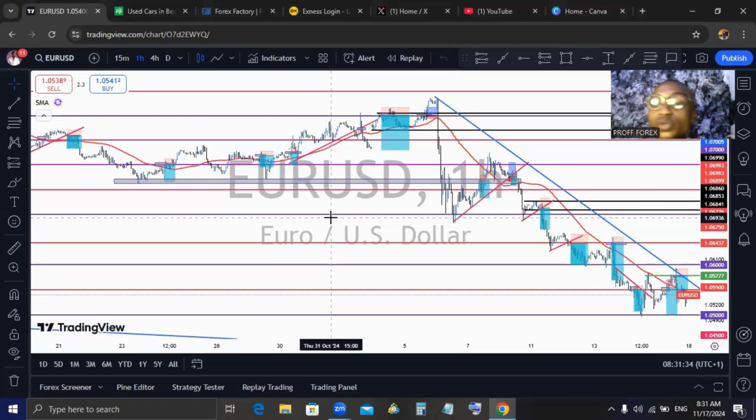I mainly trade three pairs: EUR/USD, XAU/USD, and GBP/USD. Those are the main pairs I focus on and trade. Why do I trade those pairs?